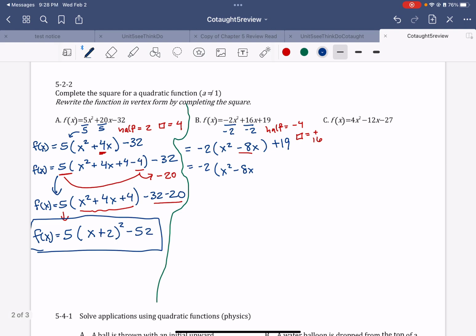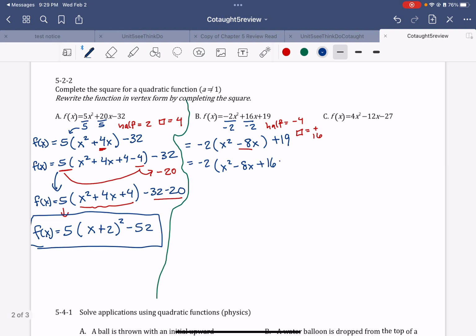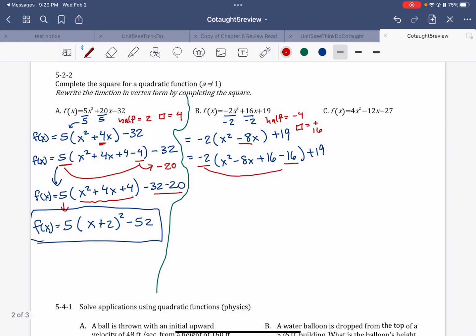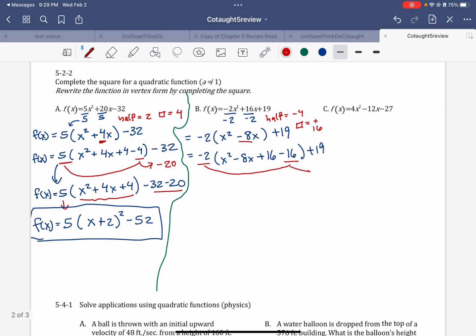I know it's not fun to write it every time, but if you get lazy and stop writing it, you're going to get lost at the end. I've seen it happen many times. All right, so we want to get this negative 16 out, so we got to multiply it by the negative 2. Negative 16 times negative 2 is going to be positive 32.